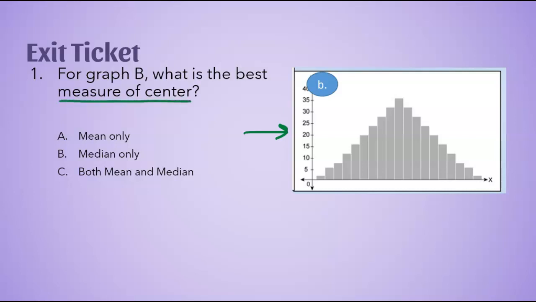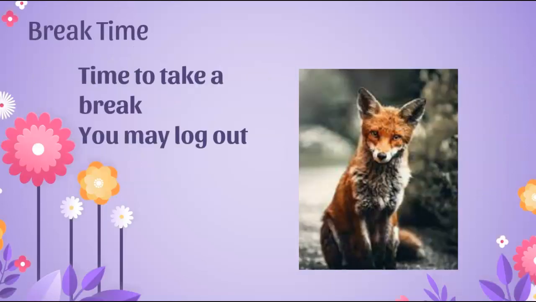Is it the mean only, A, B, the median only, or C, both mean and median? Remember, the mean and median is going to be right about here somewhere. Okay? So, answer your exit ticket, and then you guys go ahead and take a break. I will talk to you another day.